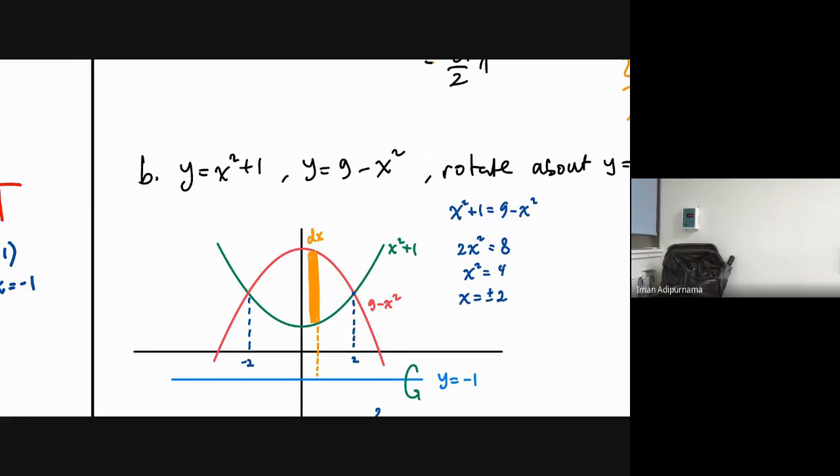Now, if you want to use the shell, you will be divided by these intersections, right? So I think the other method is preferable. In order to draw and calculate the volume, drawing what the rectangle looks like when you rotate is important, because you will choose from only two methods: disk or shell.